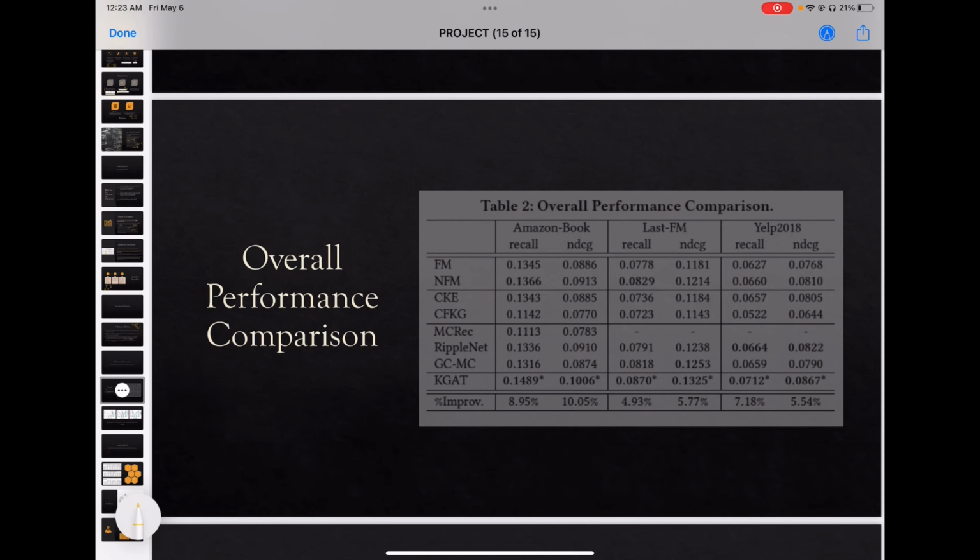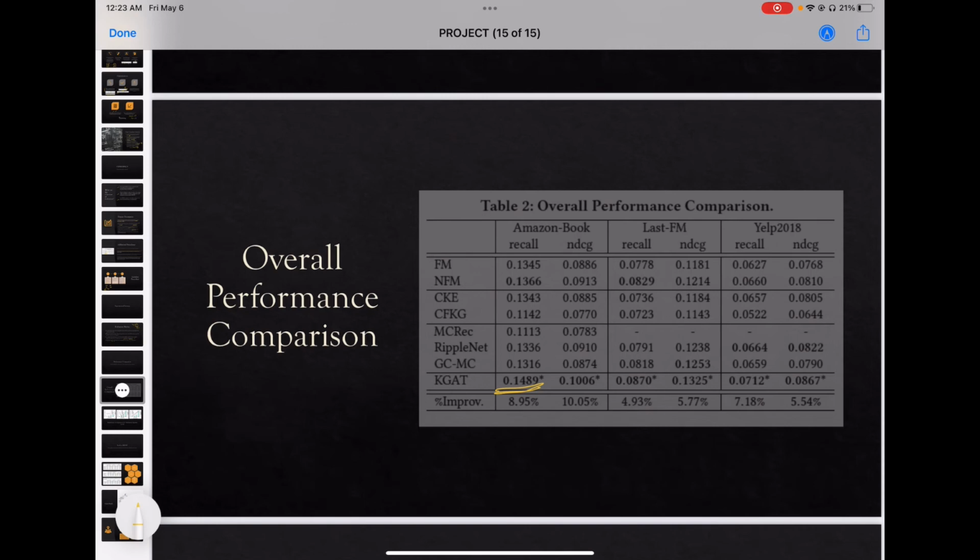The performance comparisons given in Table 2 have the following observations. KGAT performs consistently better on all the datasets, as observed here.